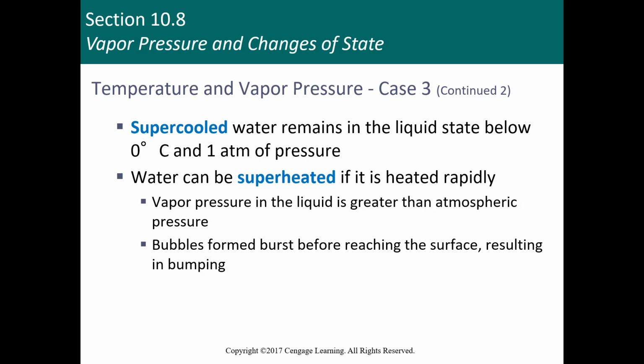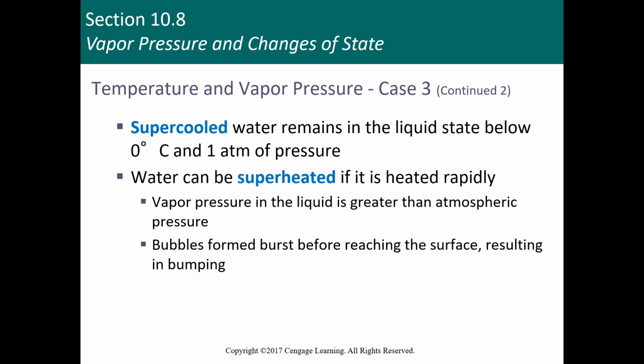Vapor pressure in the liquid is greater than the atmospheric pressure in the case of superheating. Bubbles will burst before reaching the surface. This will result in bumping. If you've ever been heating a beaker or a pan with water in it and you notice it rocking around, sort of jumping around, that's what bumping is.